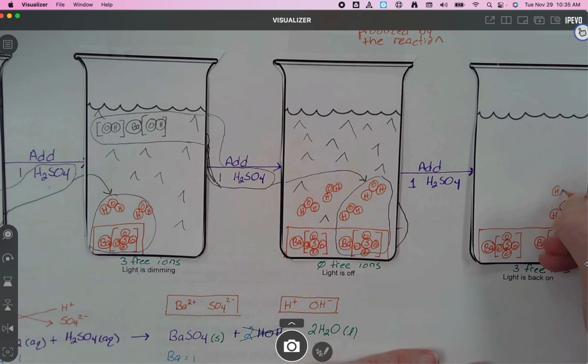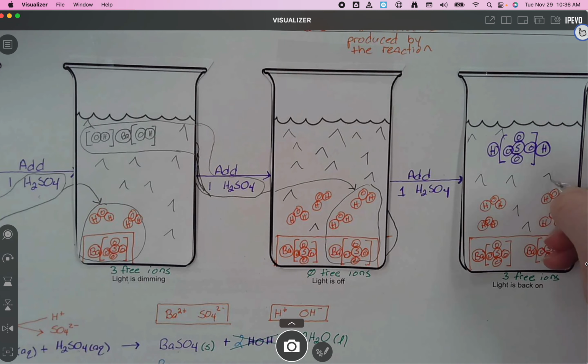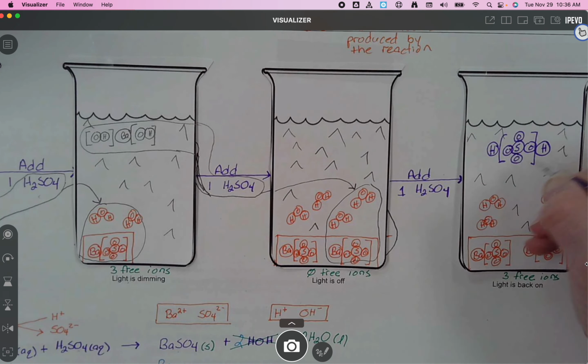And my new H2SO4 doesn't have anybody to get together with. So it's just an extra. So there it is, all by itself, because it doesn't have a partner. And we need all these guys. And a couple extra.